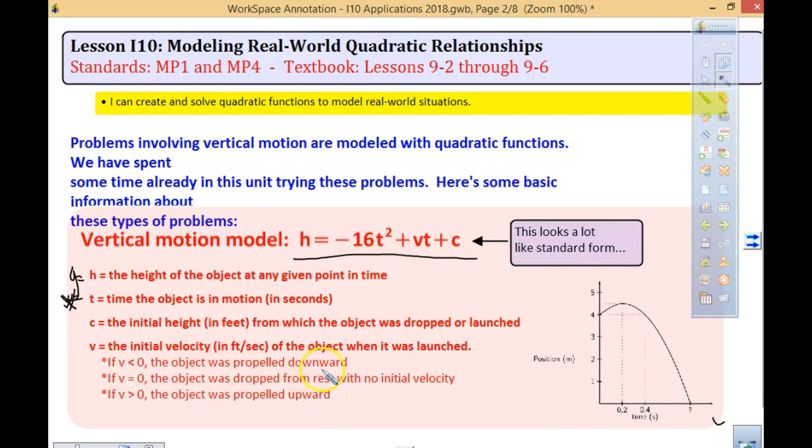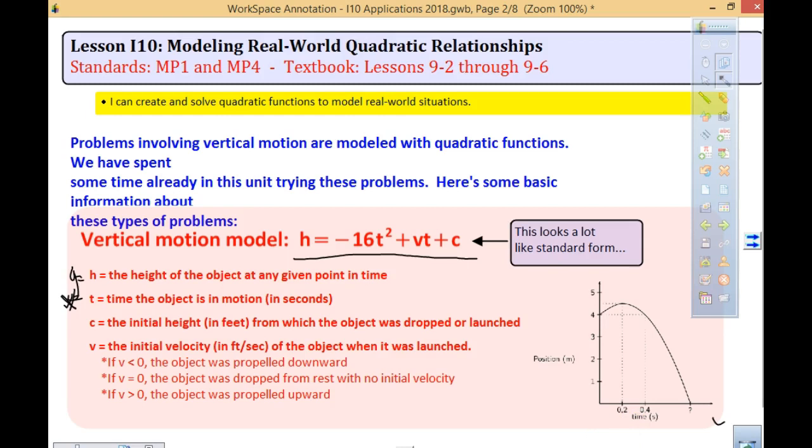That makes sense, right? Because that's our lead coefficient. That's telling us our parabola has to be going down. If V equals 0, that means it was dropped and it has no initial velocity, right? And if V is greater than 0, it's going to be propelled upwards. Most of ours, because of gravity, are going to be negative.